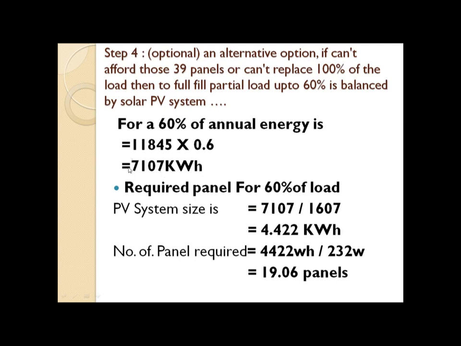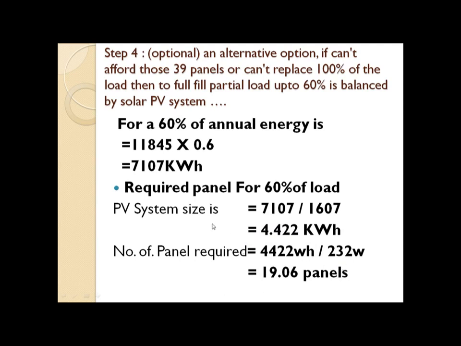So 7,107 kilowatt hour divided by 1,607, you get 4.422 kilowatt as the PV system size for 60% of load. The system capacity is 4.422 kilowatt. For that, we need 19 panels of 232 watt.